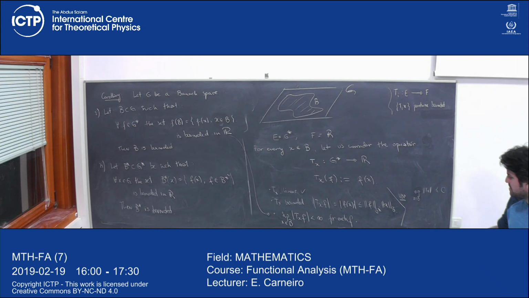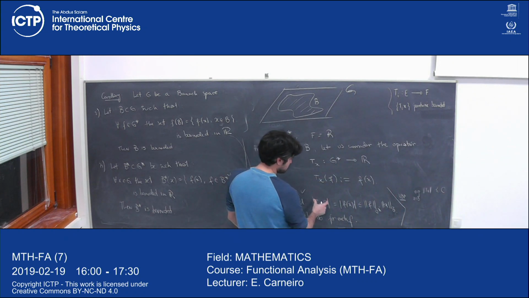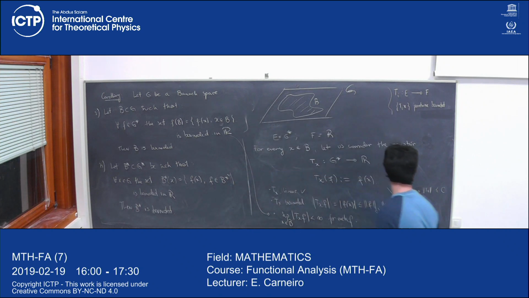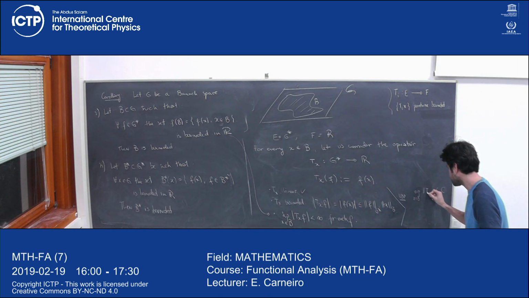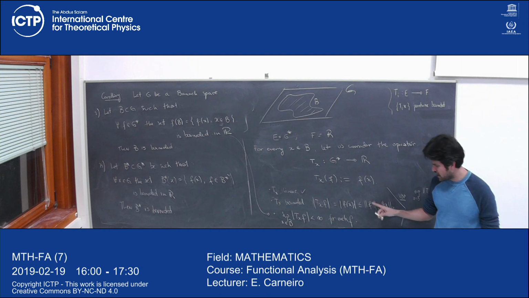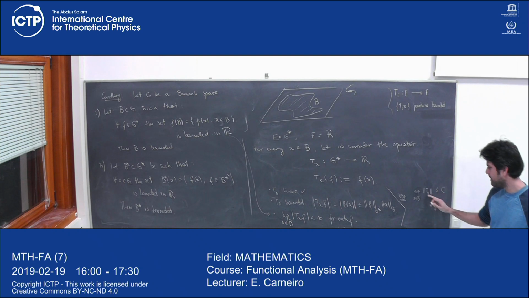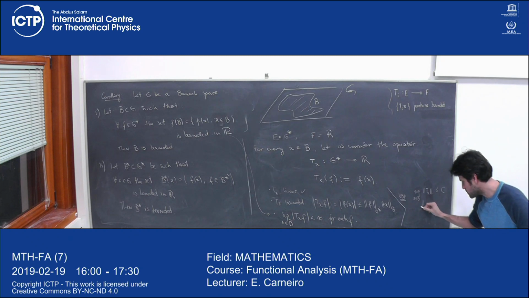But we have seen that for each element little x, we know a function f that attains its norm. We have constructed this before. So this norm here is essentially the norm of x in G.